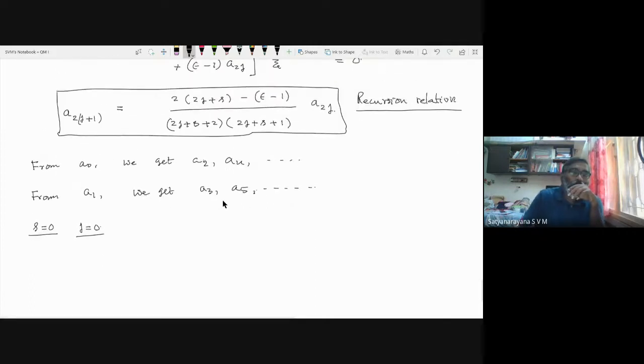This recursion relation gives us a2 equal to minus epsilon minus 1 divided by 2 into 1, into a0. Correct? Because j is 0, s is 0, so this factor is 0.